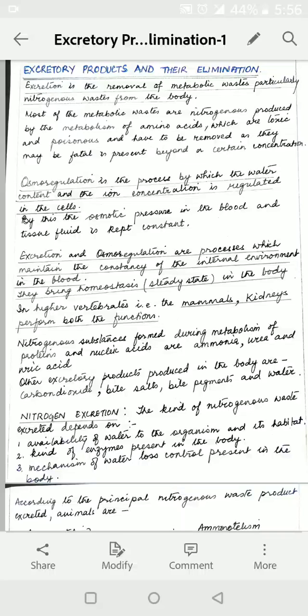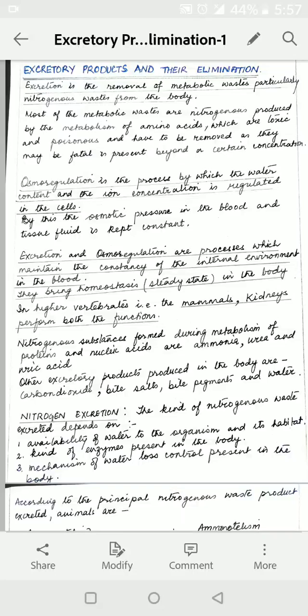And most of the metabolic wastes are nitrogenous substances which are produced by the metabolism of amino acids. That is why we say excretion is the removal of metabolic wastes, particularly nitrogenous in nature, from the body.